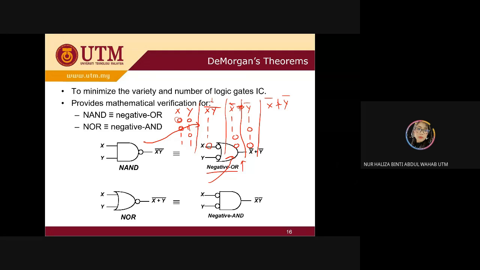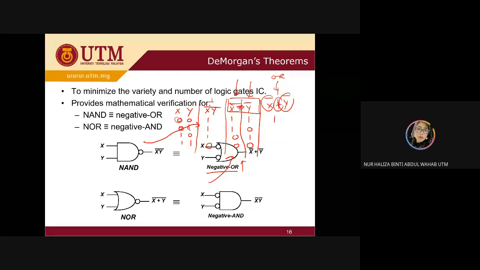From here, you will do the OR gate. See, this is an OR gate because you already have this bar as the variables or the input. This is input, and you have the OR gate. Let's take a look. What is the answer? 1, 1: your OR gate will get 1. 1, 0: your OR gate will get 1. 0, 1: your OR gate will get 1. 0, 0: your OR gate will be 0.